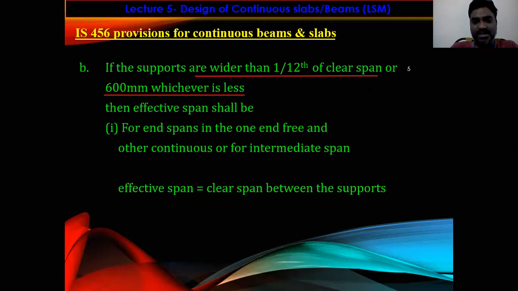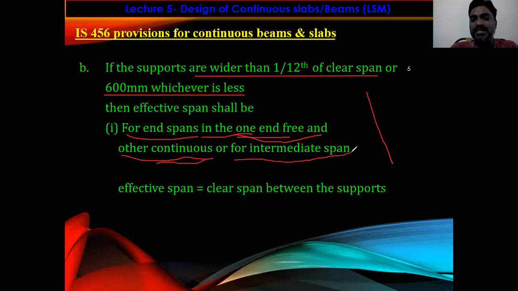If this is the case, then you need to determine the effective span of a continuous beam for end spans, where one end is free and the other continuous. Suppose we are calculating the effective span for this case, that means the end span, where one end is free and the other end is continuous, or an intermediate span.